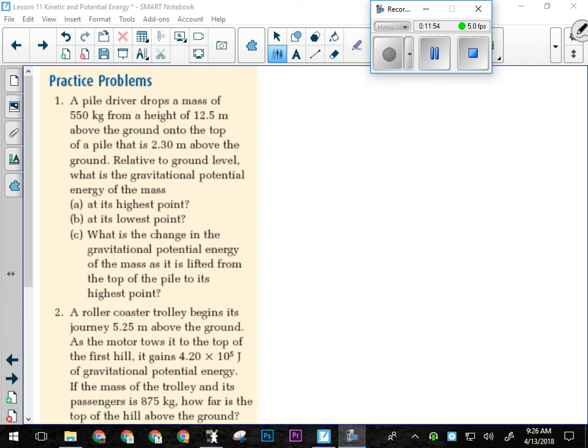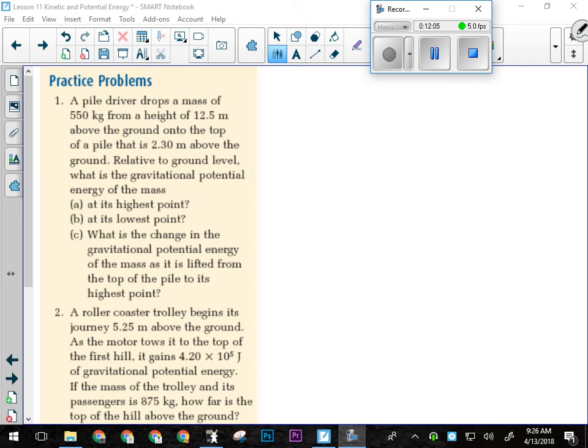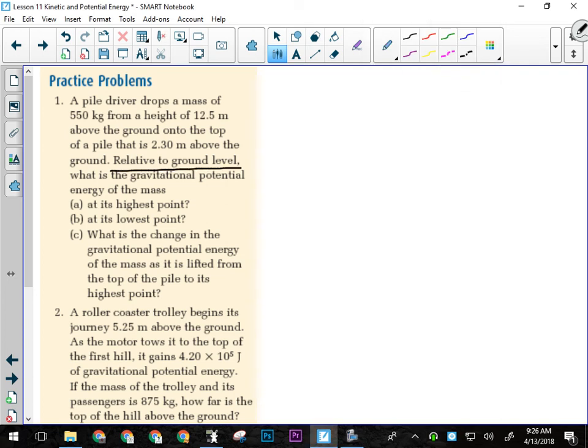If we want to calculate the potential energy of the pile driver when it's at its highest point, then we want to take, obviously, its mass, 550. We're going to multiply by 9.81 and the height above the ground, because the question specifically refers to ground level as our reference point.